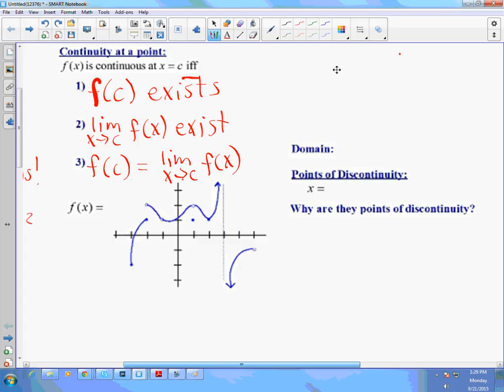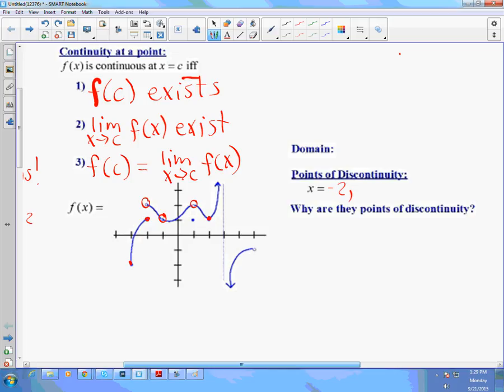Where's the first fail? Starting on the left. Where's the first fail? At -2. Right, because we have a jump. Okay? Where's the next fail? -1, because there's a hole there. You can probably see it better on your page. Is the start of the square root a fail? No, because the square root function has a starting point that continues forever.